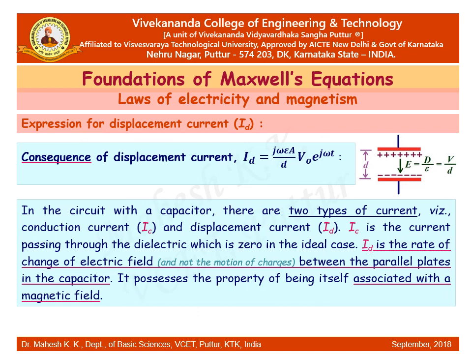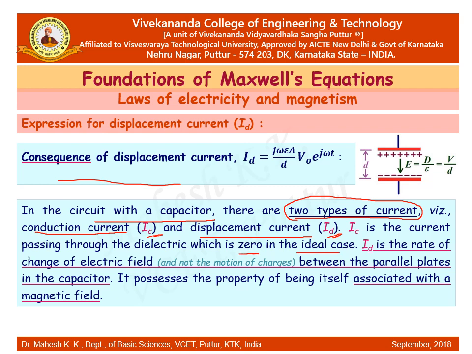So the consequence of displacement current is that in a circuit with a capacitor, there are two types of currents. Look at this. One is the conduction current, which is of course the flow of charges, represented as IC here. And another one is displacement current, for which we have derived the expression ID. IC is the current passing through the dielectric, which is 0 in the ideal case. Why is it 0?